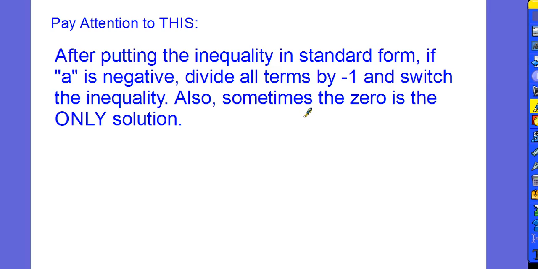So what we're going to do today in your notes is an example where the A is negative so that we can illustrate that first statement. And then we'll do one where the only solution is the 0 so we can illustrate that situation.